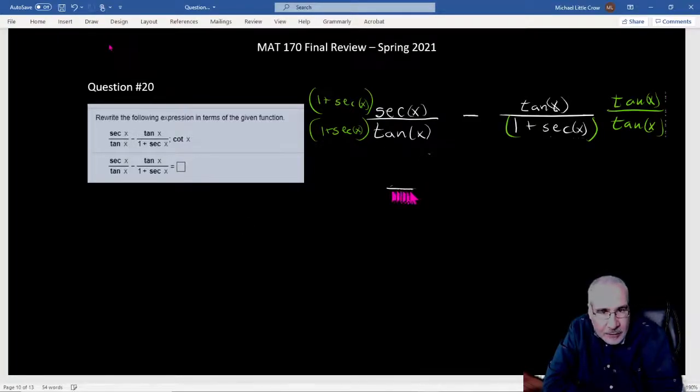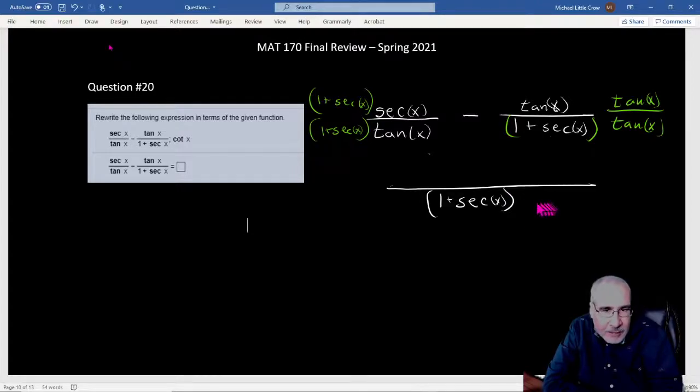So let's rewrite this as a single fraction. I'm not going to multiply out the bottom because a lot of times we'll get something to cancel from the top. That's what we're hoping for. Why multiply it out when you have to go back and factor again?